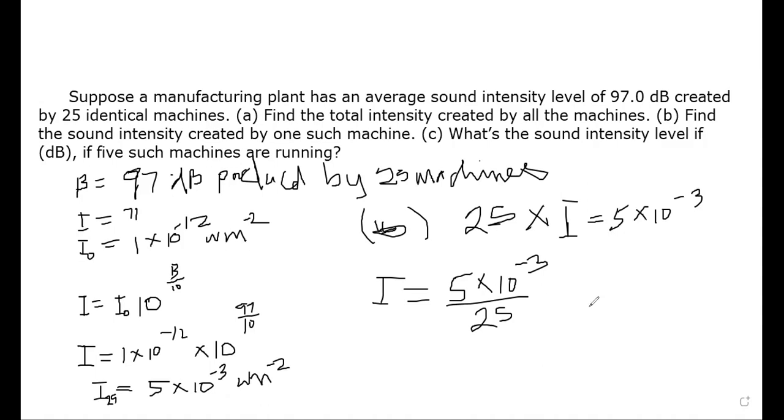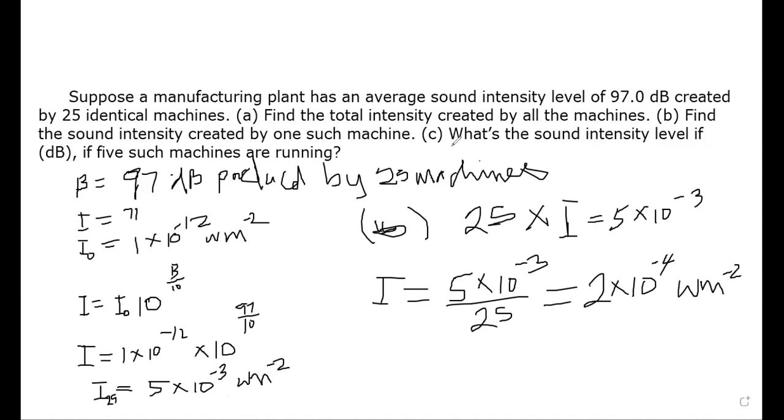So this will now be equals to 2 times 10 to power minus 4. Intensity is measured in watt per meter square. Don't forget SI unit. It's very important. Watt per meter square.